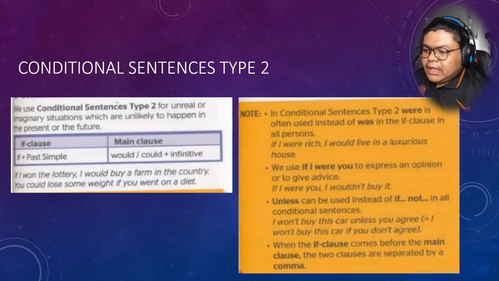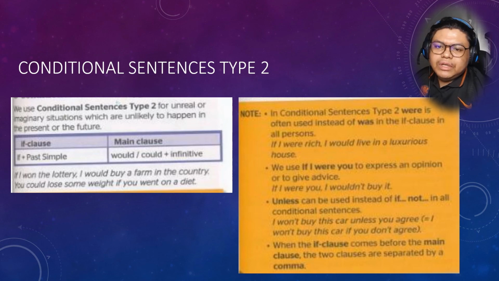And last one, when the if clause comes before the main clause, the two clauses are separated by a comma. Macam tadilah. Okay, so if clause ni maksudnya dekat sini, untuk note yang terakhir tu, if clause boleh datang kemudian.